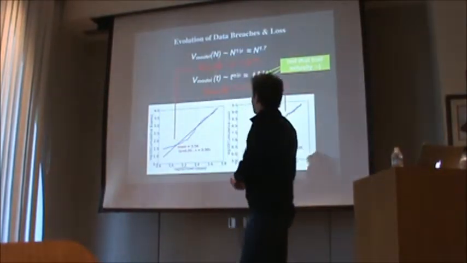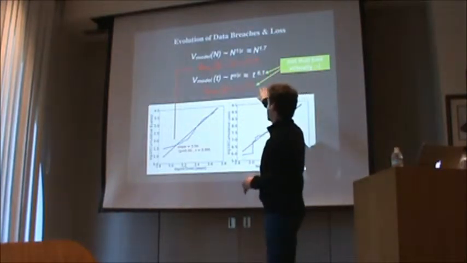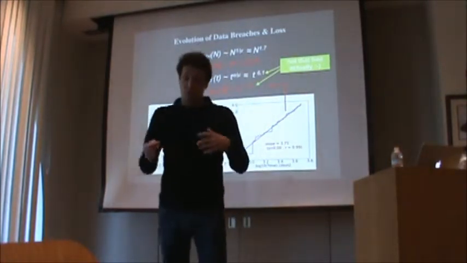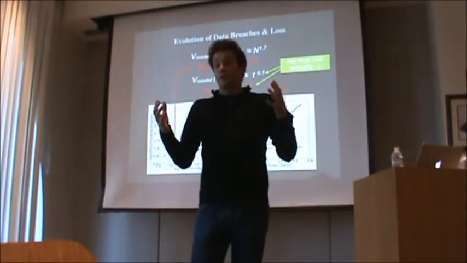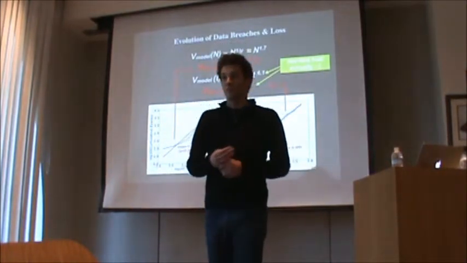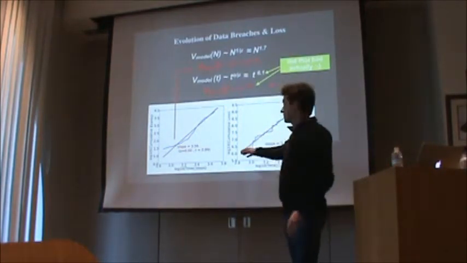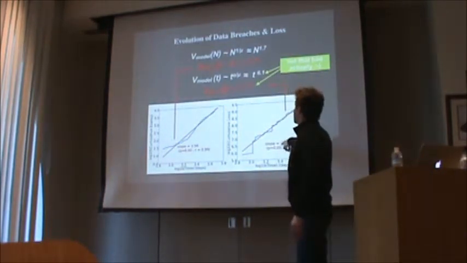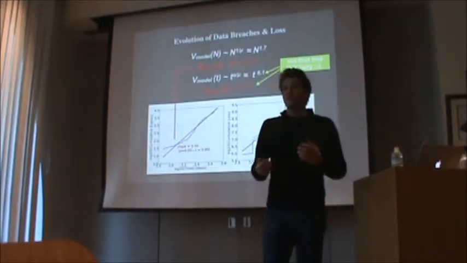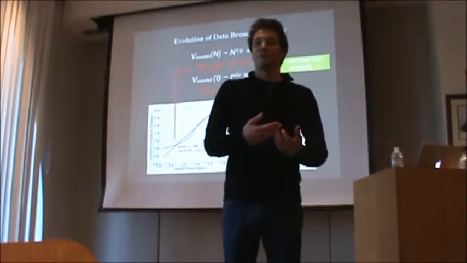Then if you combine the two first equations, you get the third one, which says that the prediction tells us that we have a growth of the cumulative loss as t to the exponent 6.1. But what we observe, so we can measure this prediction, is that the slope is 3.75. So what we see is not as bad as what we would expect from the model.